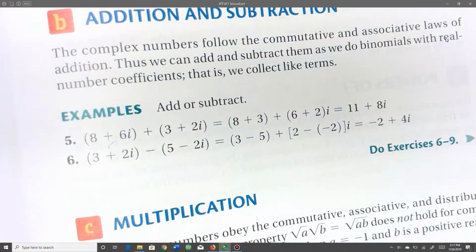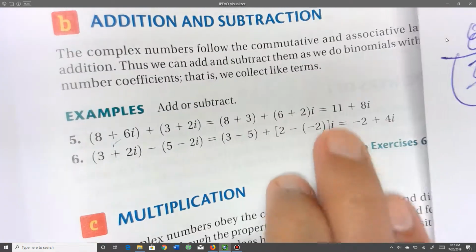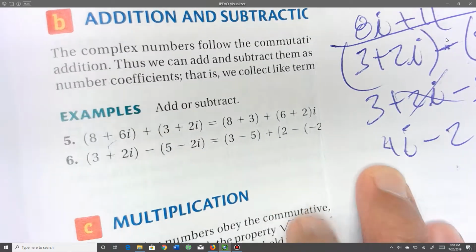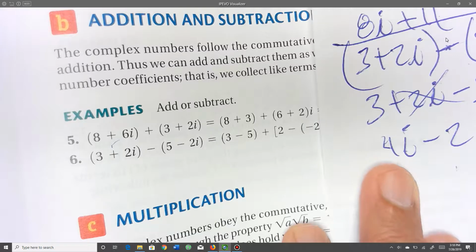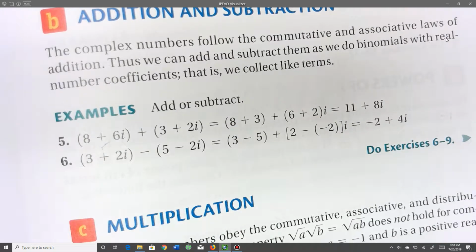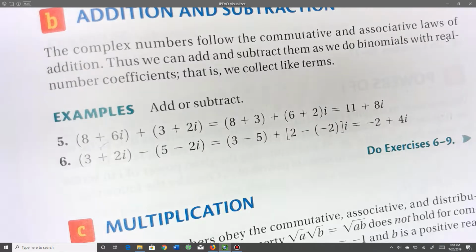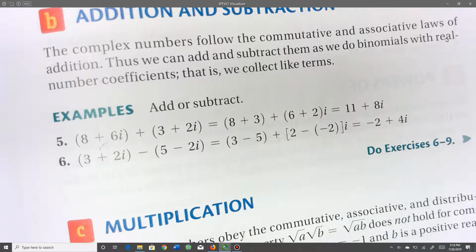That's the simplified version of that, and that's what they got, except I wrote the i's first. There's nothing to addition or subtraction of complex numbers, because you treat them as you would any other variable.